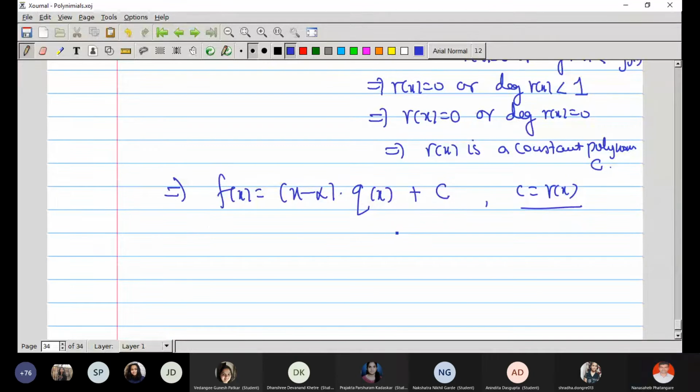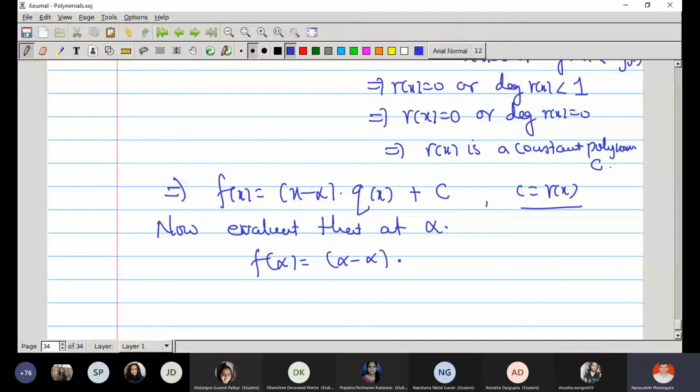Now evaluate this at alpha. That means f(alpha) is equal to (alpha minus alpha) into q(alpha) plus c, because these two sides are equal at every x, and now we evaluate the polynomial at x equal to alpha.